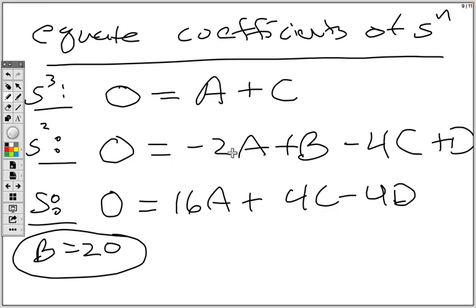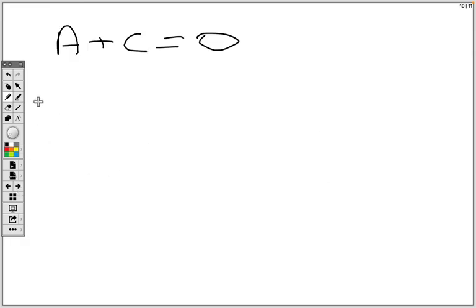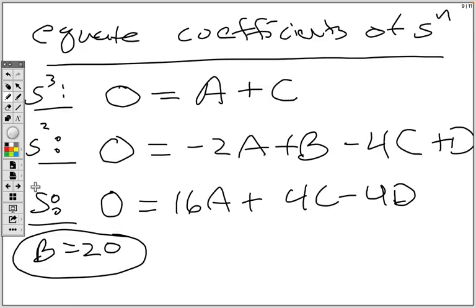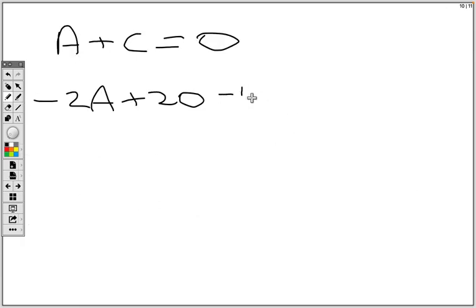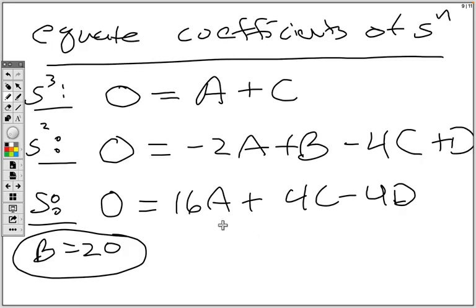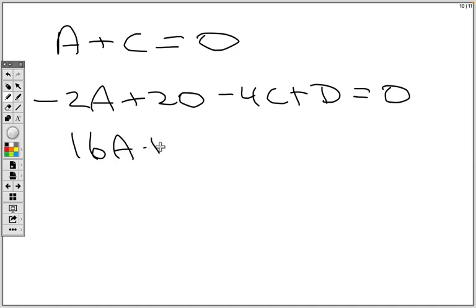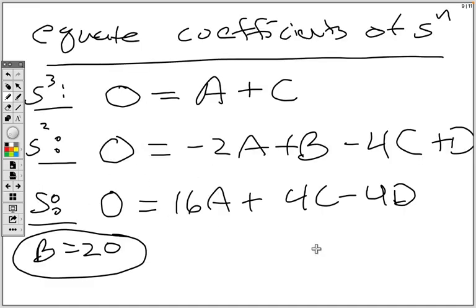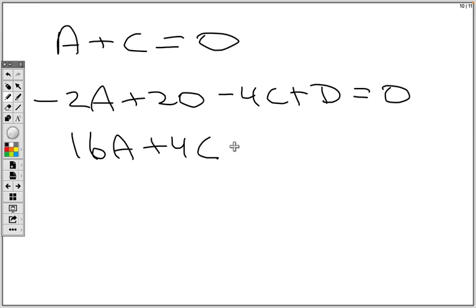I have minus 2a plus 20 minus 4c plus d is 0. And then 16a plus 4c minus 4d is 0.